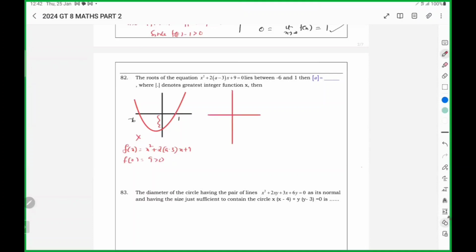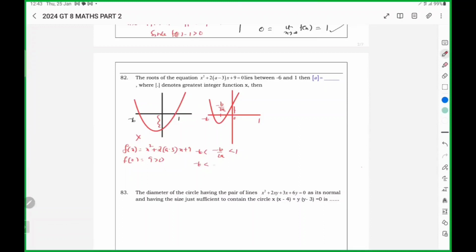So between minus 6 and 1, both roots can be negative, right? So in this case, f of 0 is possible. Here, where it attains minima, minus b by 2a lies between minus 6 and 1.